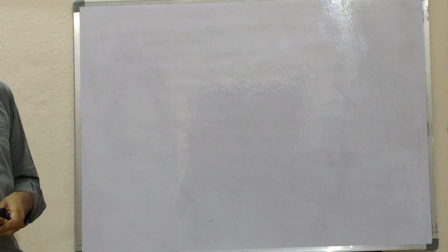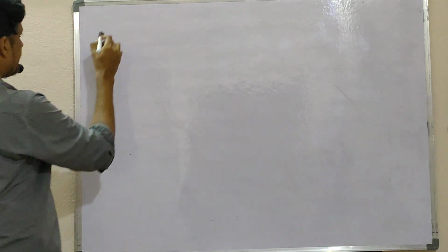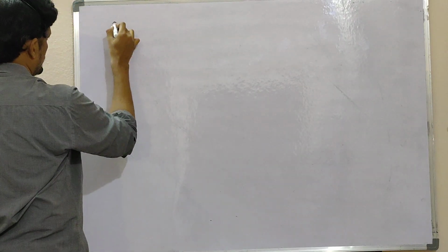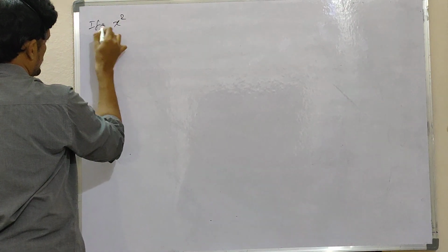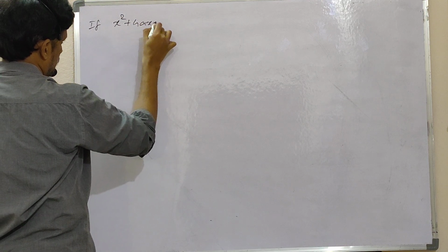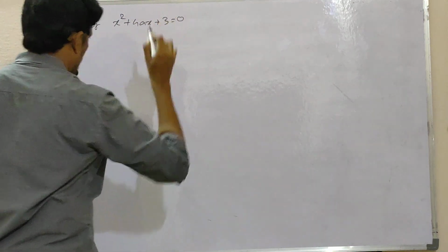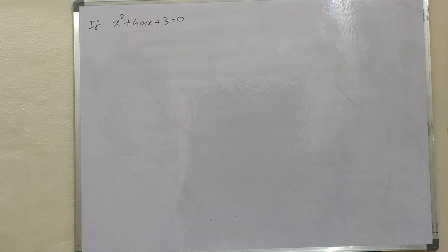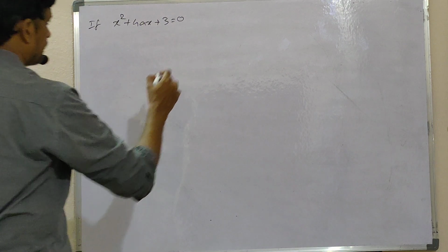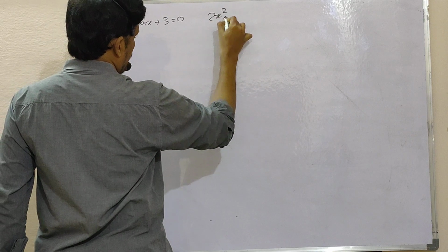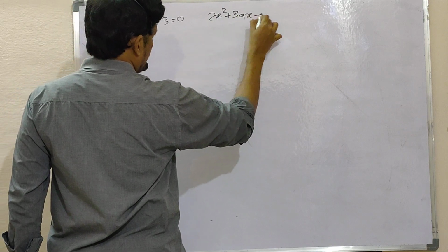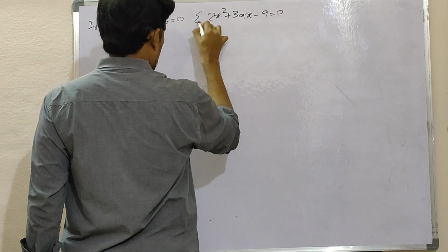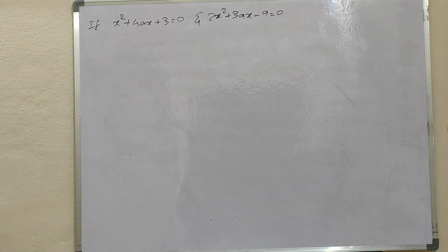Okay, now here the problem is: if the quadratic equations x square plus 4ax plus 3 is equal to 0 and 2x square plus 3ax minus 9 equal to 0 — these are the two quadratic equations.